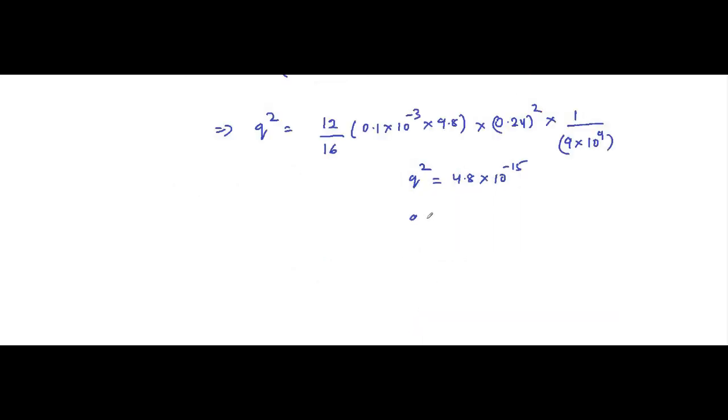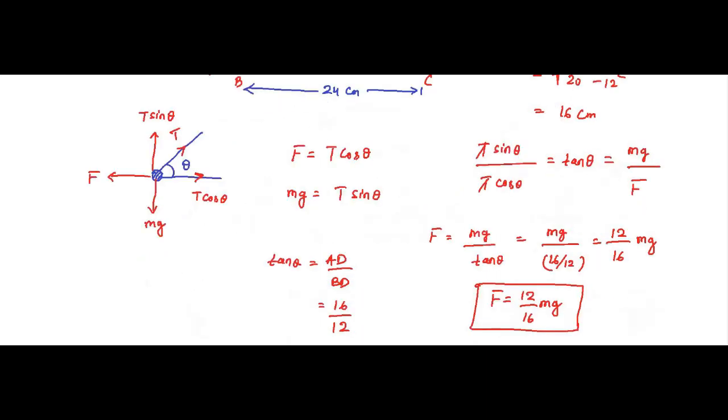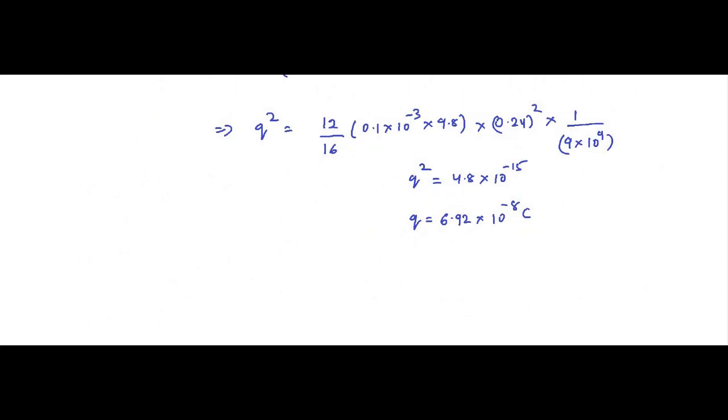Q is equal to the root of this much, and it is coming 6.92 into 10 to the power minus 8 Coulomb. So here is the solution that we wanted. We wanted to find out the charge on each sphere.